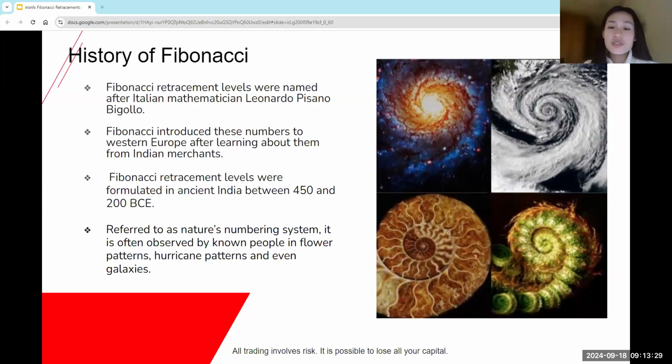Instead, Fibonacci introduced these numbers to Western Europe after learning about them from Indian merchants. The sequence was formulated in ancient India between 450 and 200 BCE, and it is also referred to as nature's numbering system. It's often observed in flower patterns, hurricane patterns, and even galaxies.